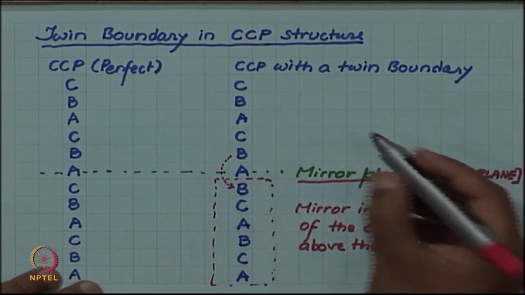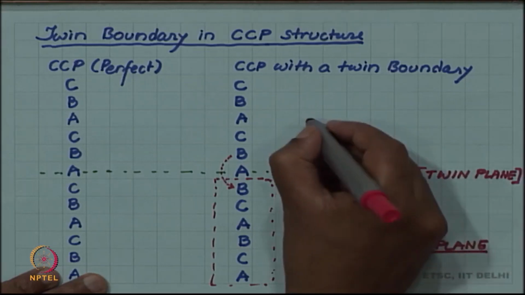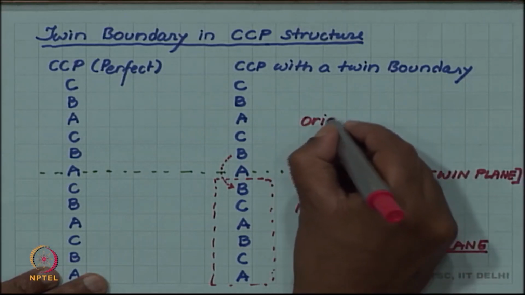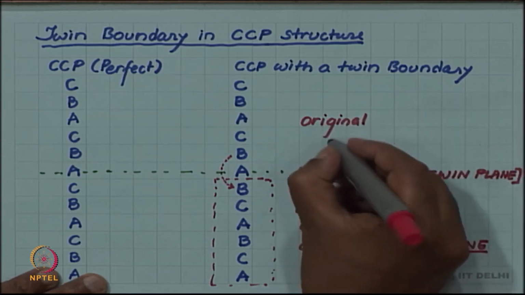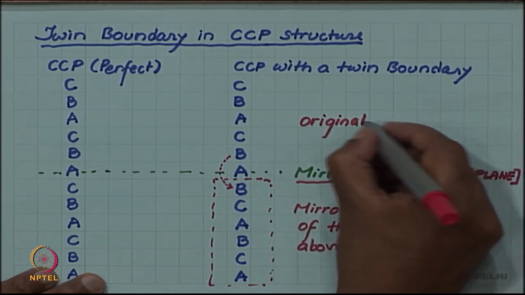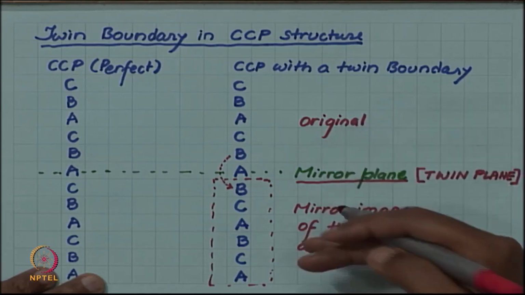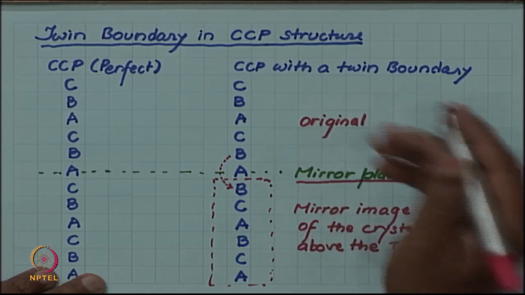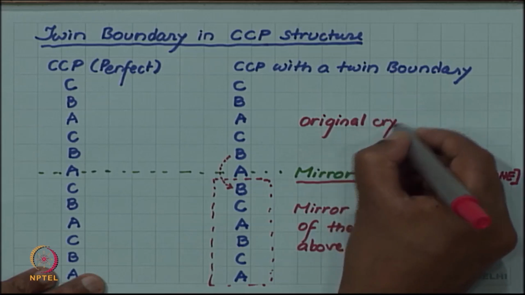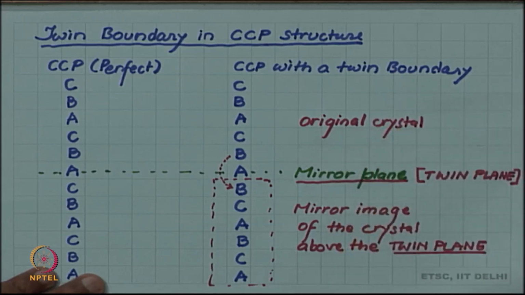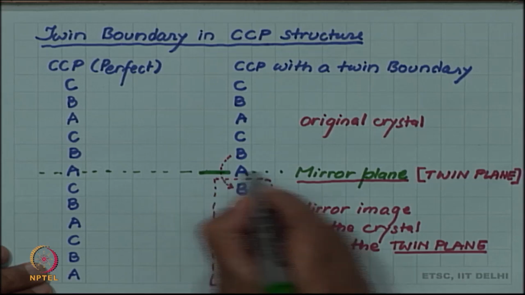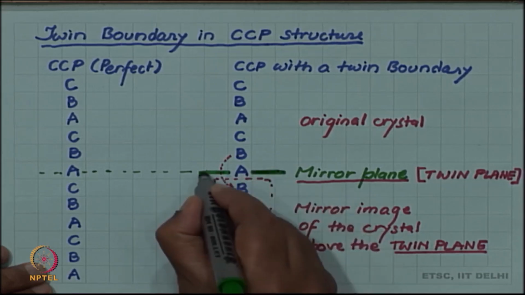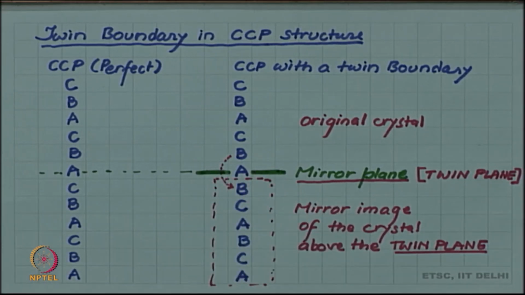So, we can think of one side as the original crystal. In fact, both are mirror images of each other. Which one you call original is your choice, but since I have called the lower one the mirror image, I am calling the upper one the original crystal, and the lower one the mirror image, the A plane being the mirror plane or the twin plane. So, this becomes my twin boundary.